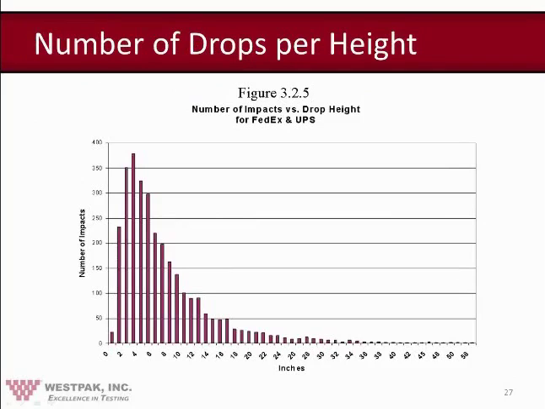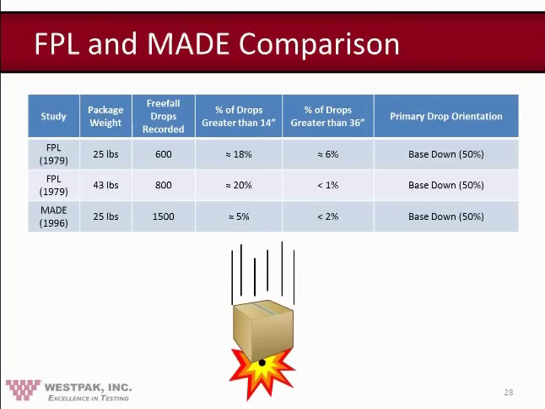As Herbert likes to say, 95 percentile of the drops were around 4 inches, 99 percentile of the drops were around 14 inches, and that leaves 1.5% of the drops above 36 inches.